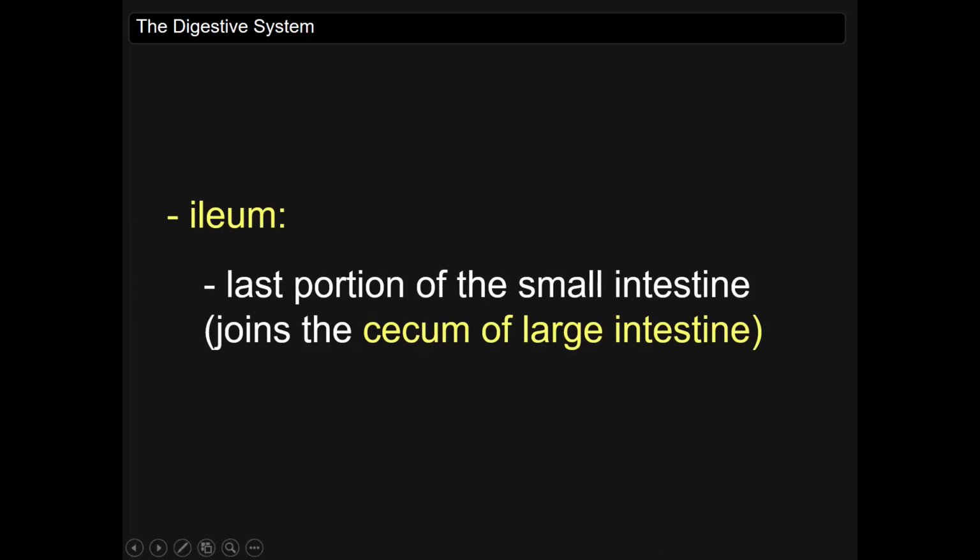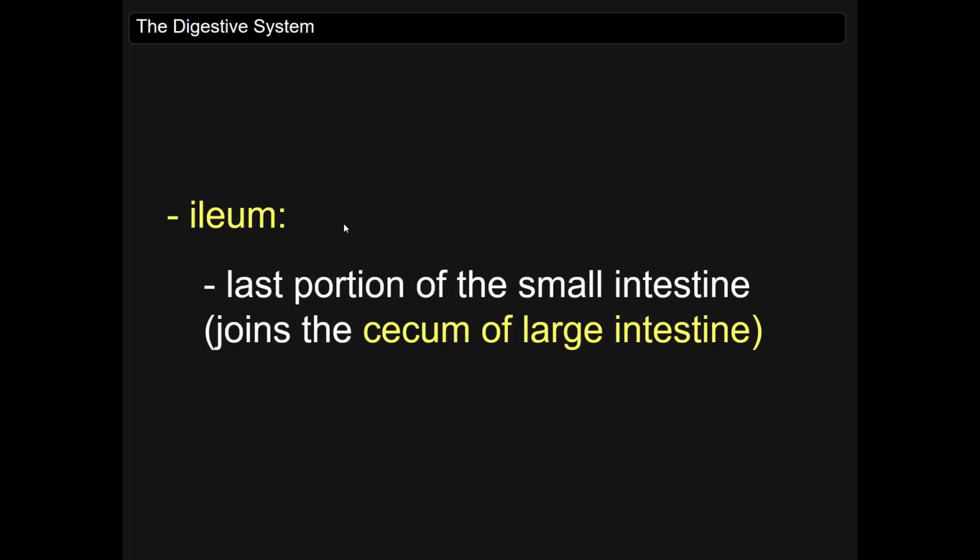The ileum is going to lead us to the large intestine, and this ileum is different than the ilium we saw last semester. Last semester we saw the ilium bone, part of your hip bone. That was ILIUM. Ileum of the intestines is ILEUM.